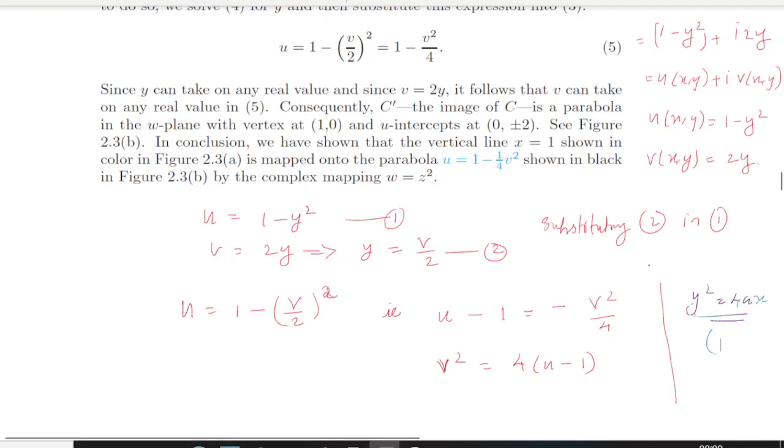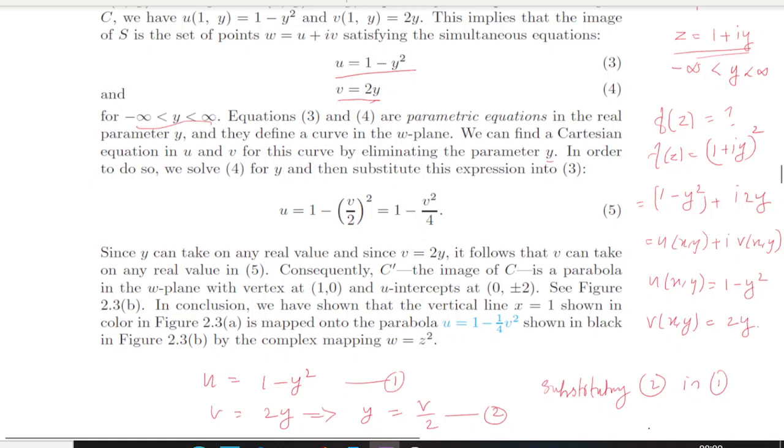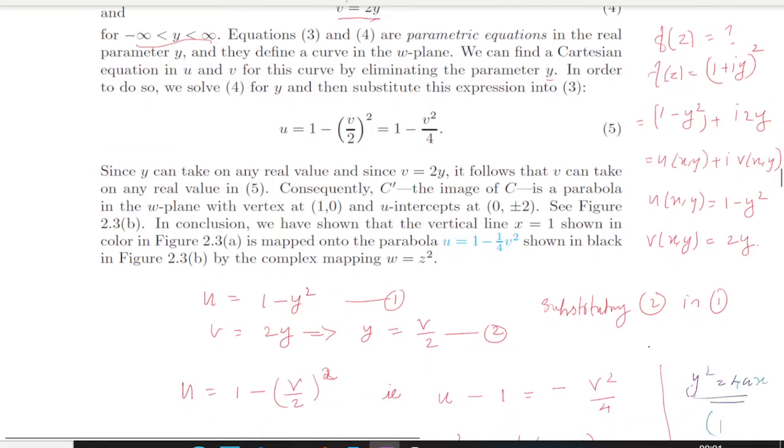You studied this, right? When you have a parabola of this type, we also talk about the latus rectum. What are the points? The vertex should be (1, 0). For the standard parabola the vertex is (0, 0).